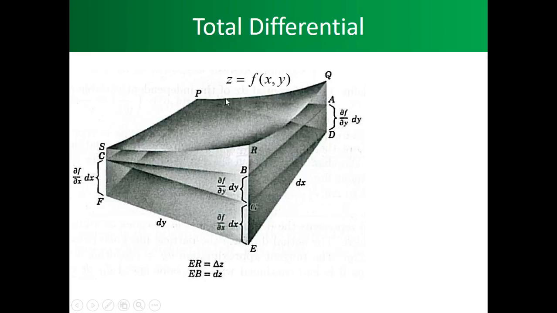Then remember, PA is nothing but a tangent. It's a tangent at P. That's what gives us our A. And we looked here before. We talked about CD.